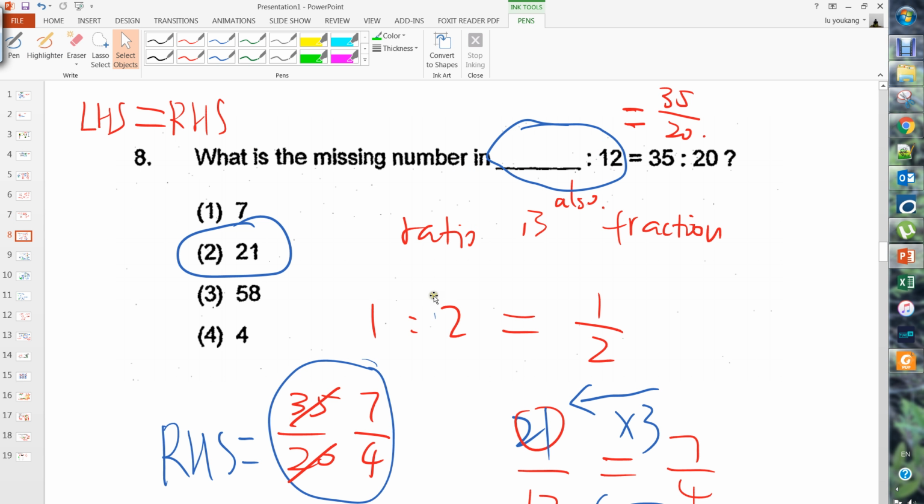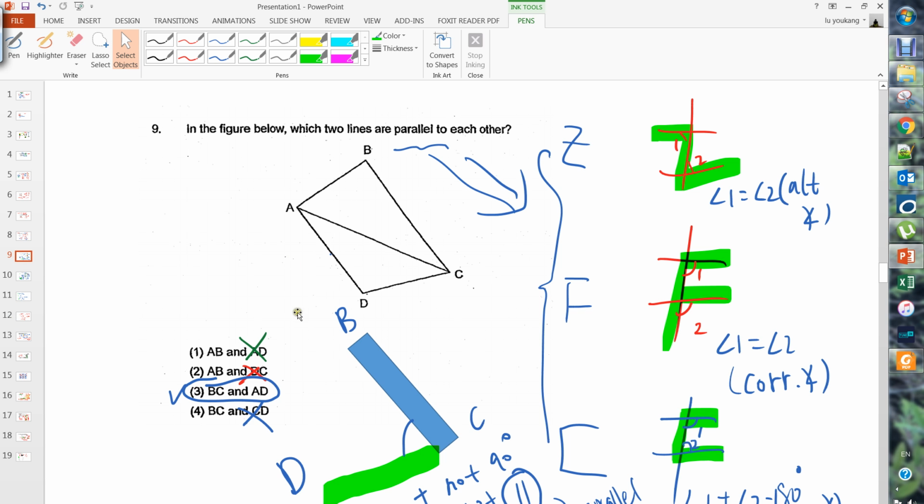Question 8. The missing number. So, left hand side, right hand side, convert this right hand side into a simplest fraction first. Once you have this simple fraction, just ask yourself, 4 times 3 is 12, right? So accordingly, 7 times 3 is 21. So that's why you get 8. Okay. Question 9. This one is parallelogram. What do you do?